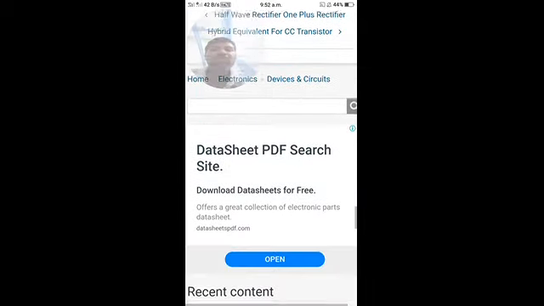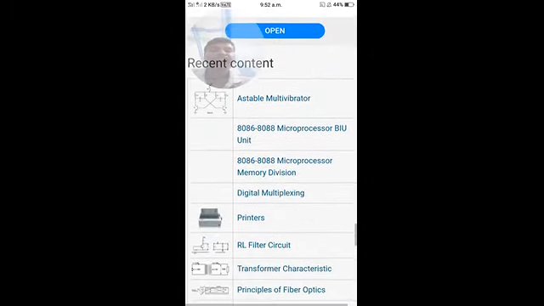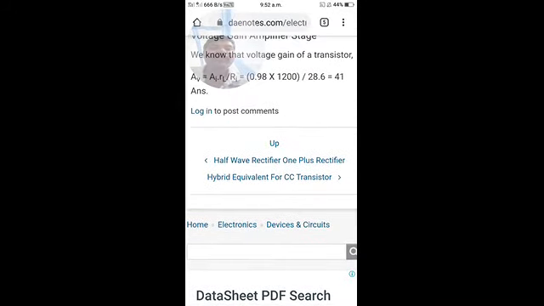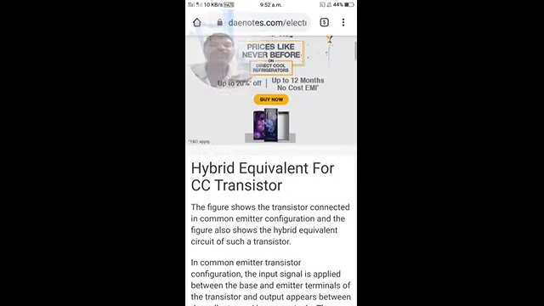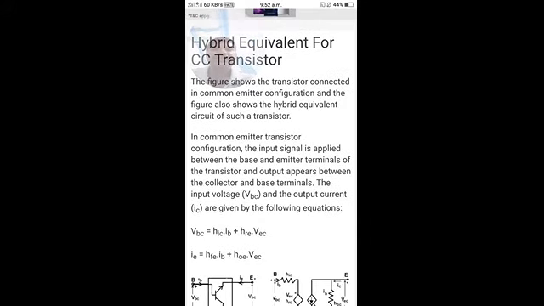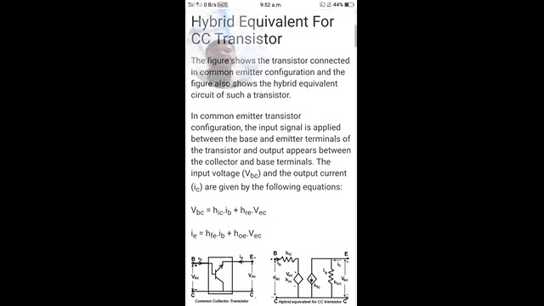And coming to the analysis of the CC configuration, the hybrid equivalent circuit for the CC transistor, the common collector configuration.